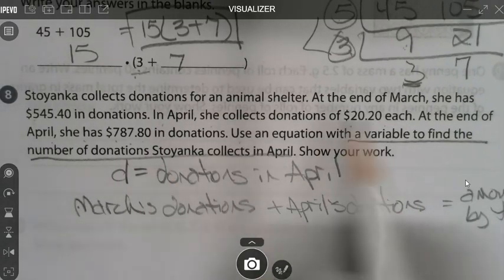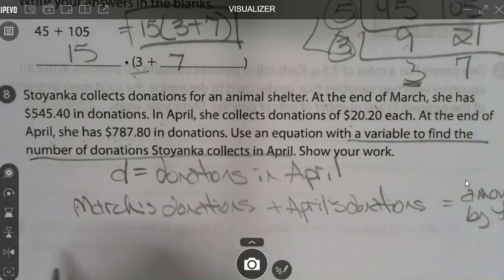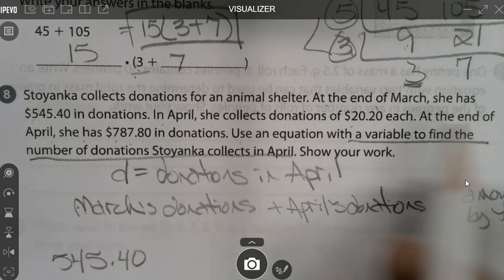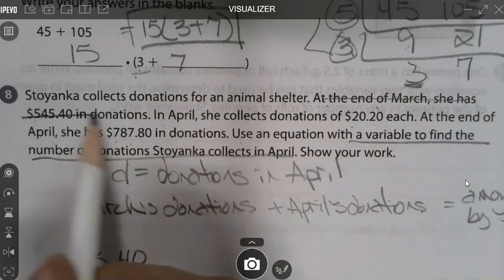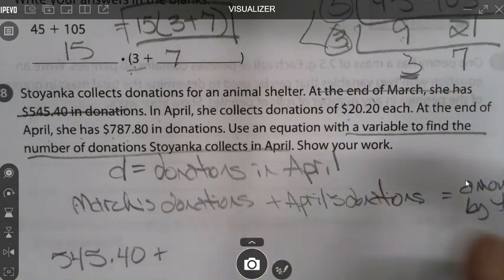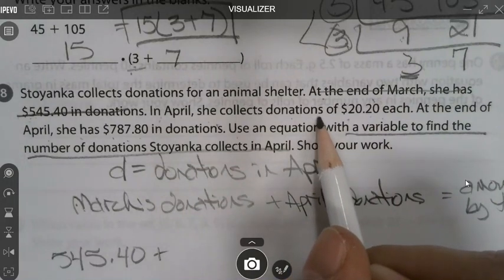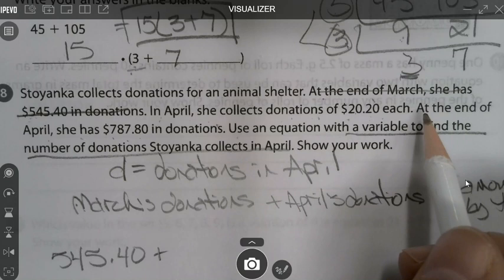So March's donations. At the end of March, she had, so let's go and put that in, $545.40 in March. So I'm done with March. So there's the end. And then in April, it says in April, she collects donations of $20.20 each.